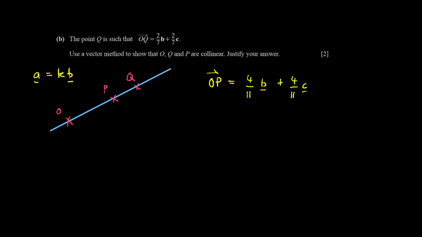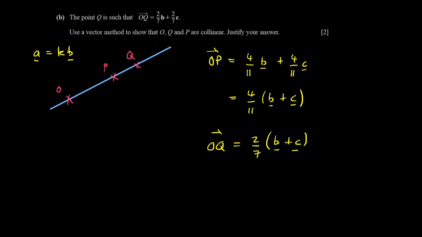Okay. Well, hang on. That is definitely going to be parallel to that, isn't it? Because if you think about it, I can actually factorize this and write that as 4/11 (B plus C), and OQ is equal to 2/7 (B plus C).